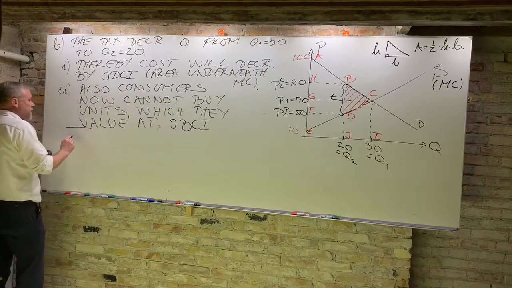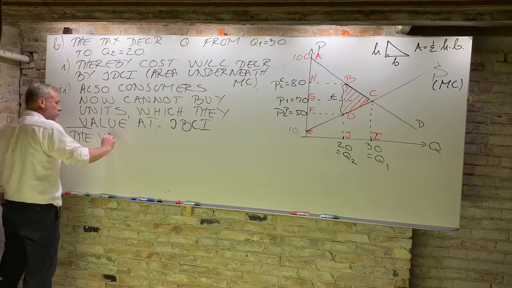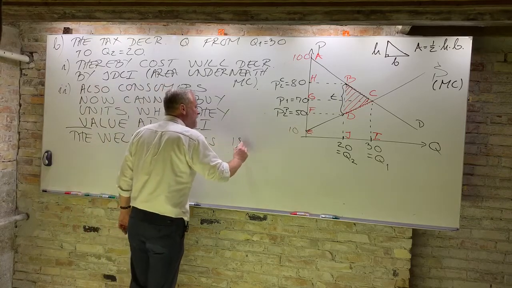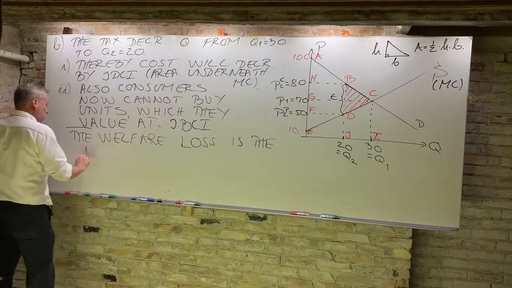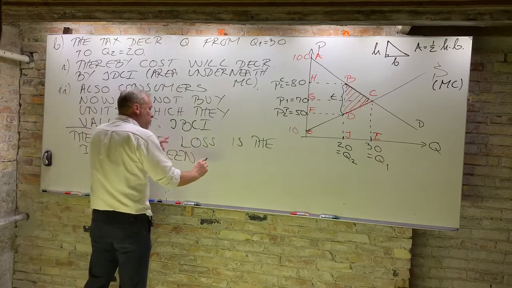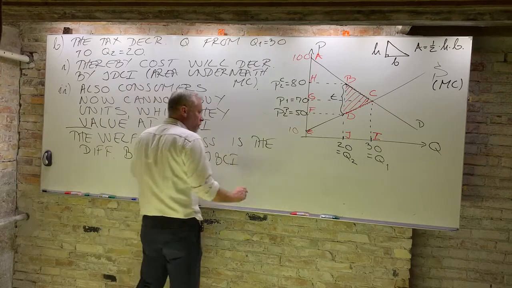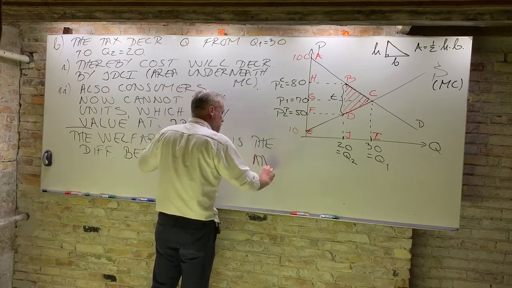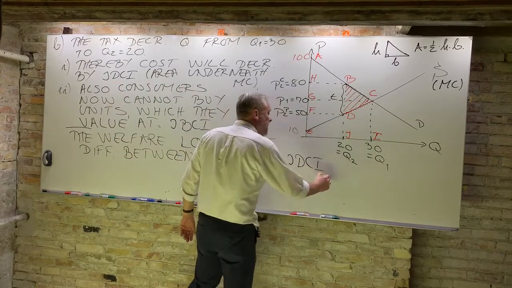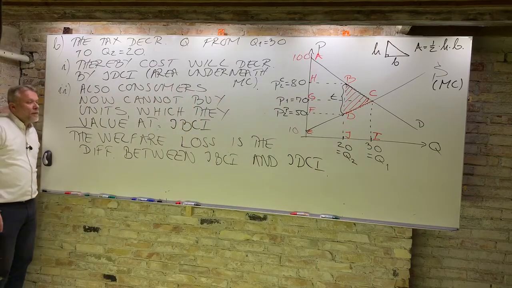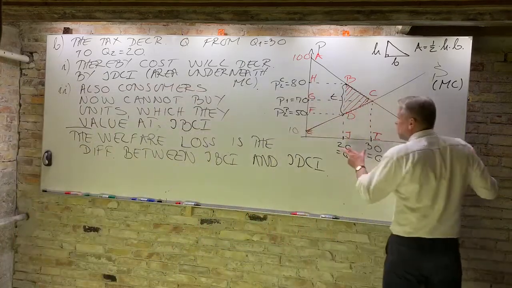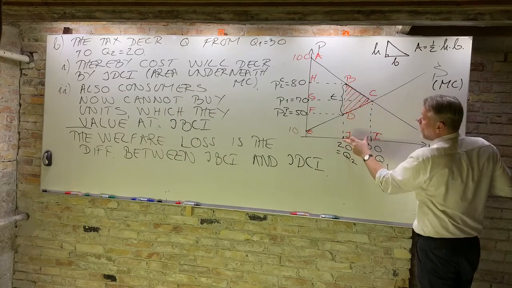And what we see here is that the welfare loss is the difference between the value that consumers put on those units which they can no longer consume, and the cost which is being saved, J, D, C, I. The point being that when the quantity decreases, then more value is being lost on the part of consumers.